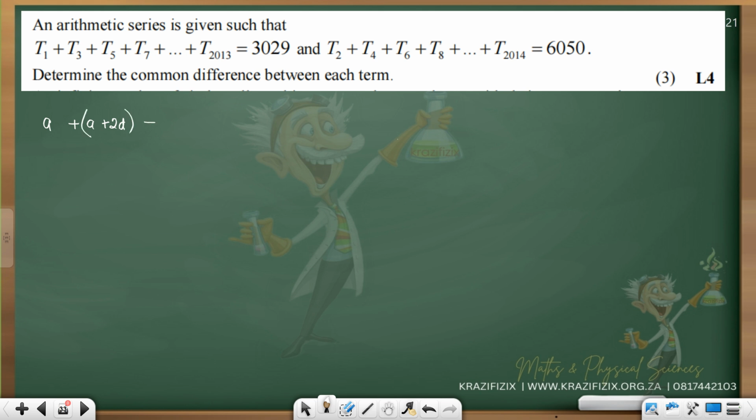All right? I hope that makes sense. A plus 4D, you know where I'm getting that from. A plus, okay, we're not going to write the whole thing, 6D. And that continues A plus 2012D. I'm just trying to interpret 3029.